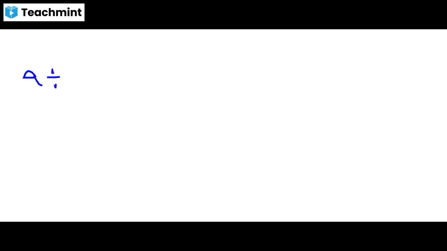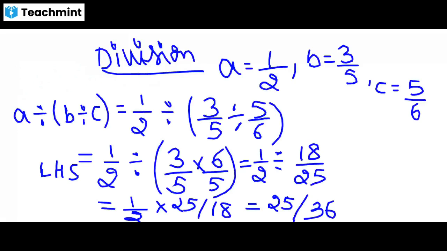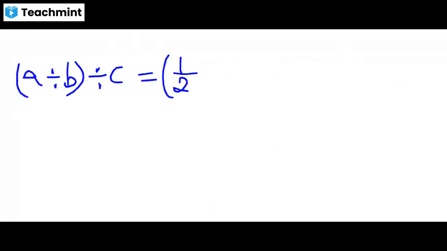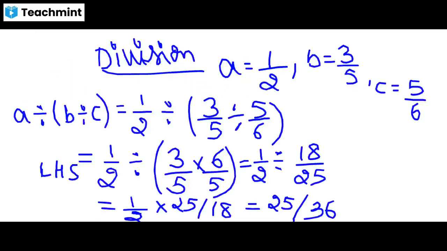Now you should check for RHS: A divided by (B divided by C). So what is the A value we have taken? 1 by 2 divided by, in brackets, 3 by 5 divided by C value, 5 by 6.